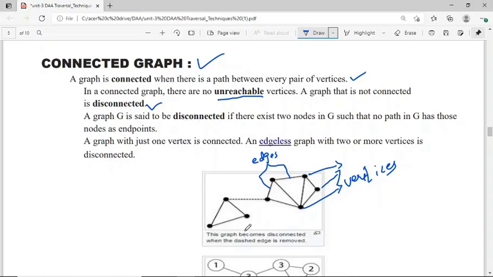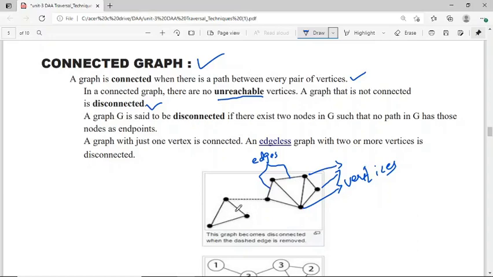When we say disconnected, like you can see this dotted line here. If we remove this dotted line, then it will become two graphs. So when there are two graphs, it is not a connected graph.